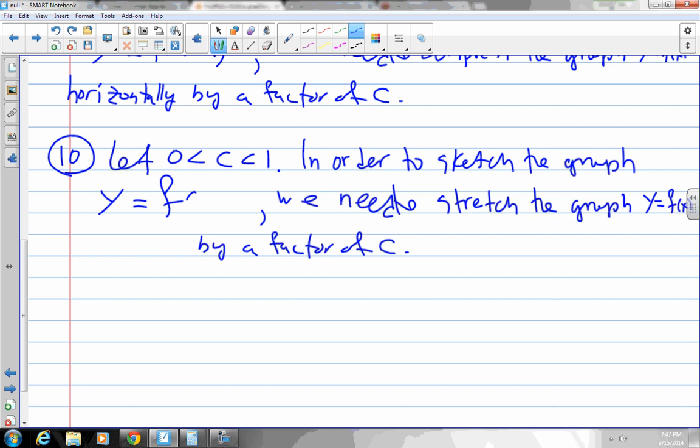We want to do f of cx. So it will do the opposite of what we think should happen. It will actually stretch the graph horizontally by a factor of c.